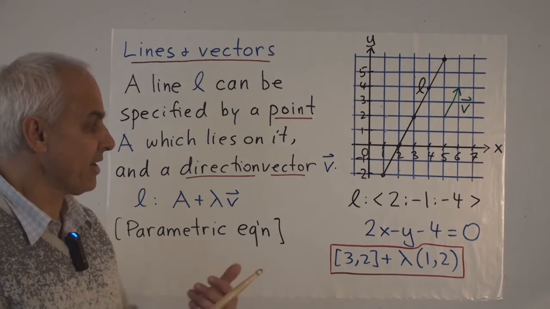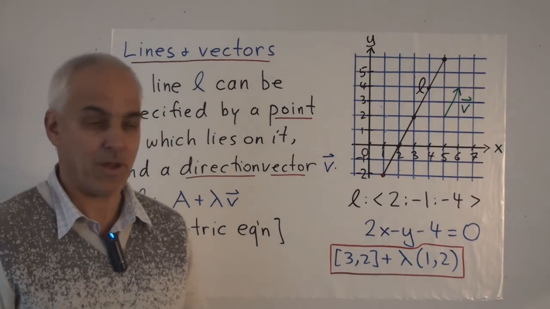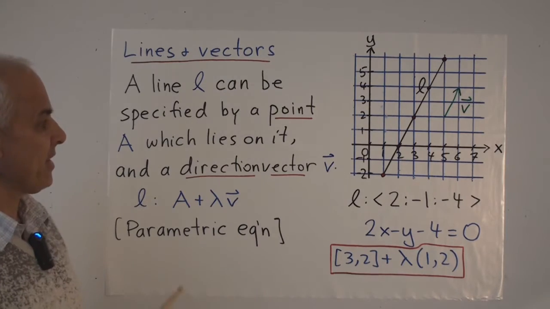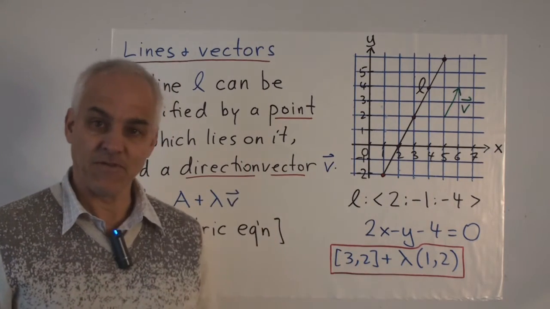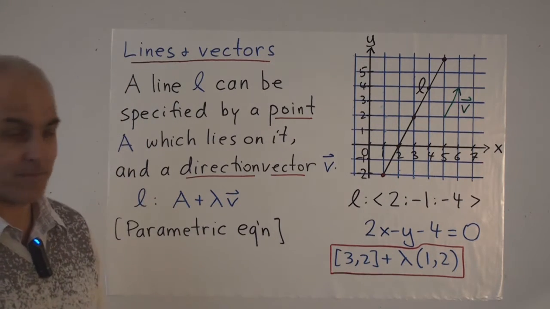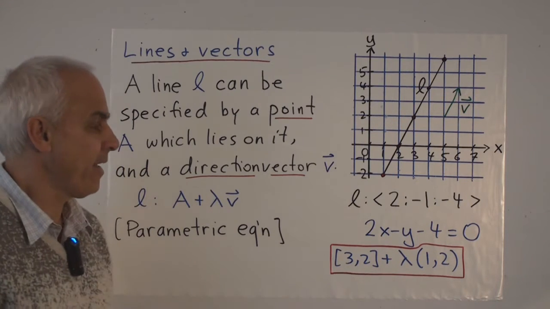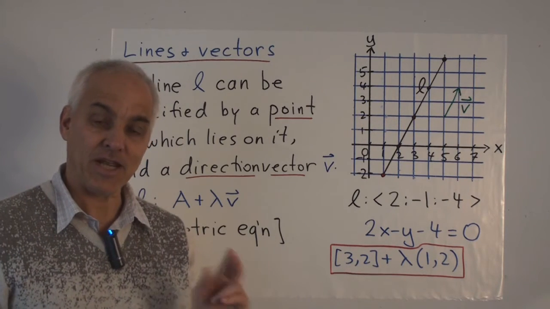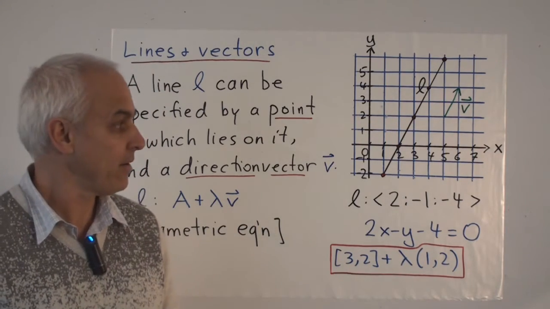Now the vector language gives us another important way of describing this same line. Namely, the idea is we can describe that line by 2 pieces of information. The first is a point that lies on the line. And that point can be any point. Let's call it A. And the second piece of information is a vector which specifies the direction of that line.